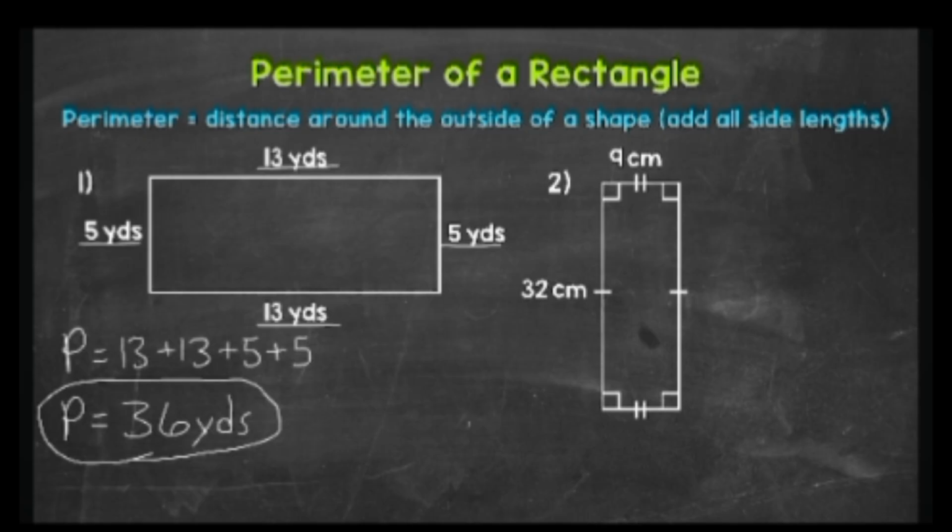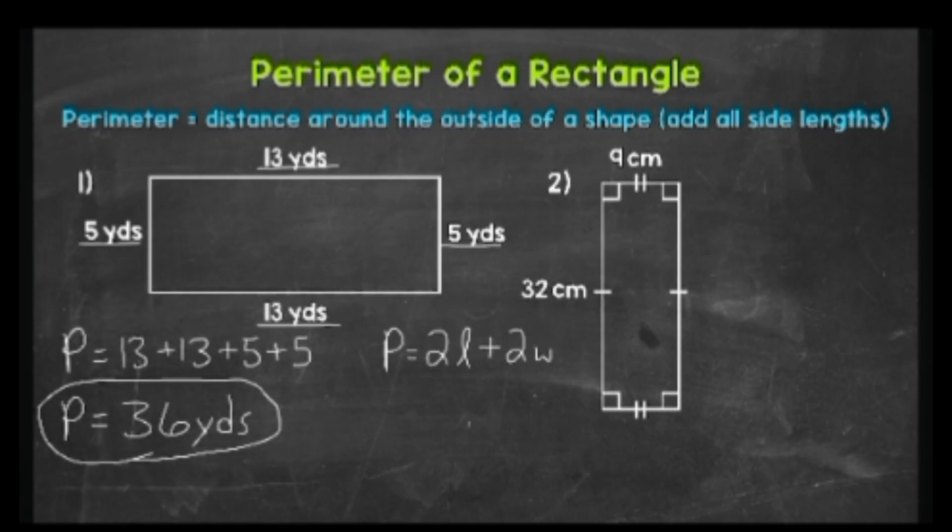You can break it down into two parts like I just discussed, or you can simply add all four lengths together the way they have done in the video. There is also a method number 2, as they have shown here: P is equal to 2 length plus 2 width.